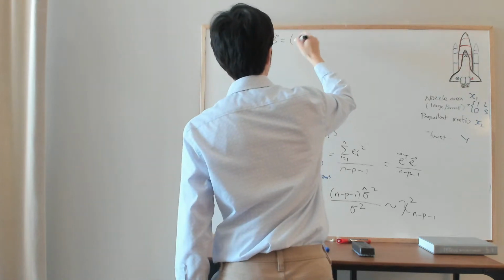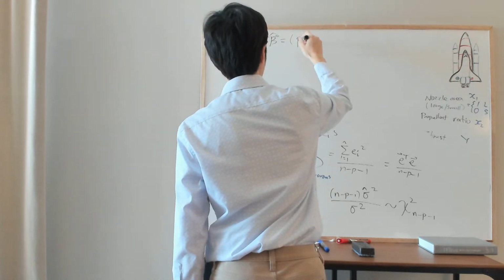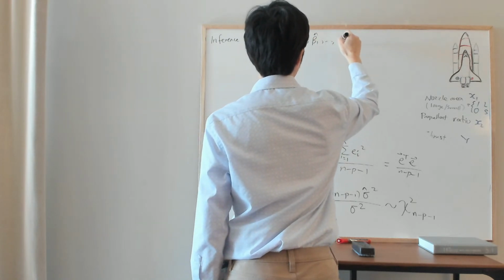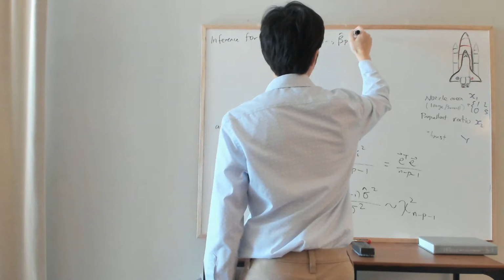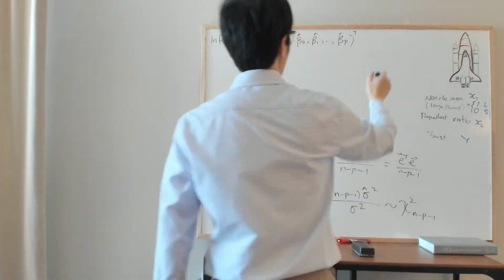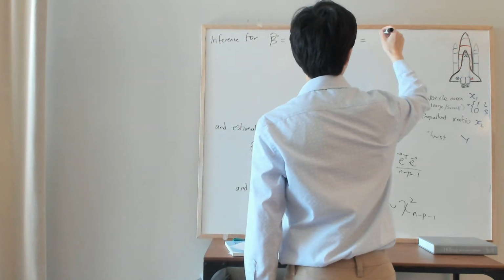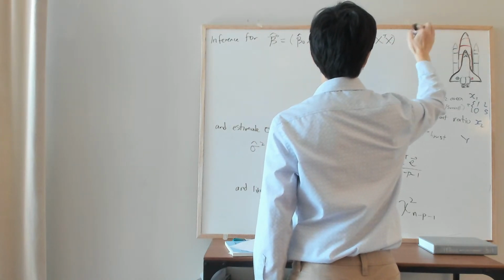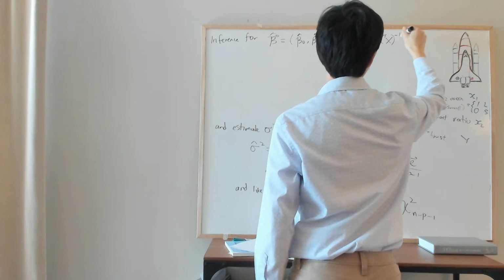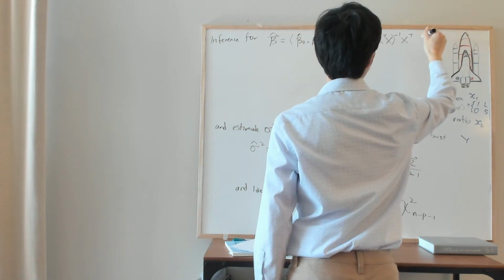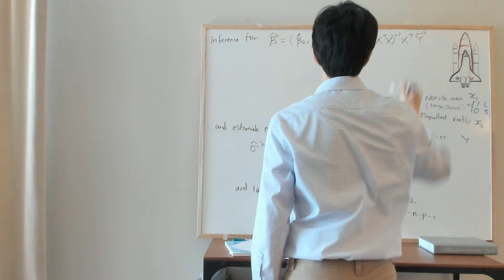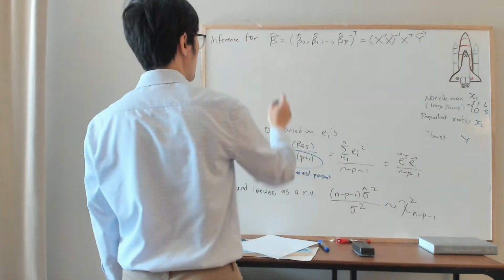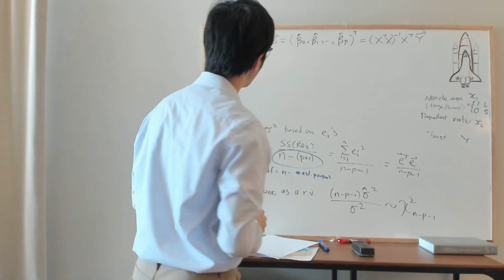Remember this is a vector of estimates, beta 0 hat, beta 1 hat to beta p hat transpose, which is obtained as x transpose x inverse x transpose y. I'm going to switch to the random variable because we're going to look at the distribution of beta hat.